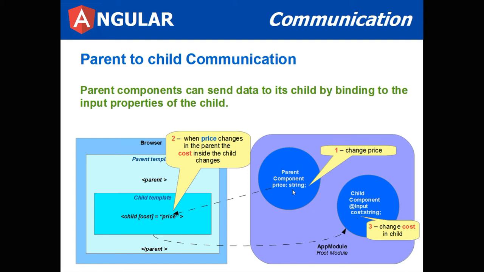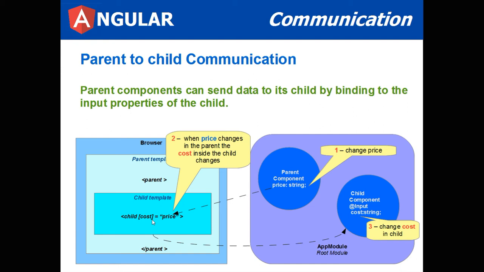So our job is to use annotations like @Input to say, I'm going to pass a dynamic value of a parent attribute to the child component using these directives. Okay.